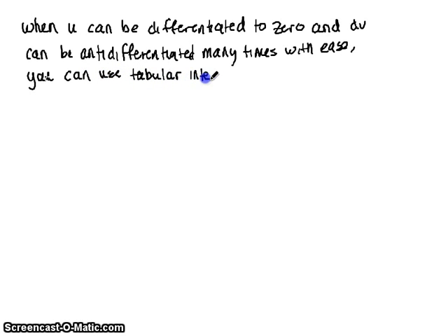Tabular integration is going to be a lot easier than doing antidifferentiation by parts over and over again. So we'll just do this one through an example. Our example would be the antiderivative of x to the third sine of x dx. We're going to make two columns.